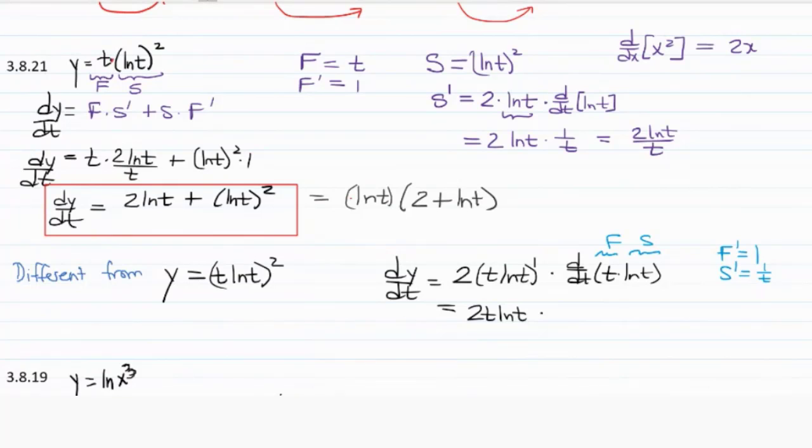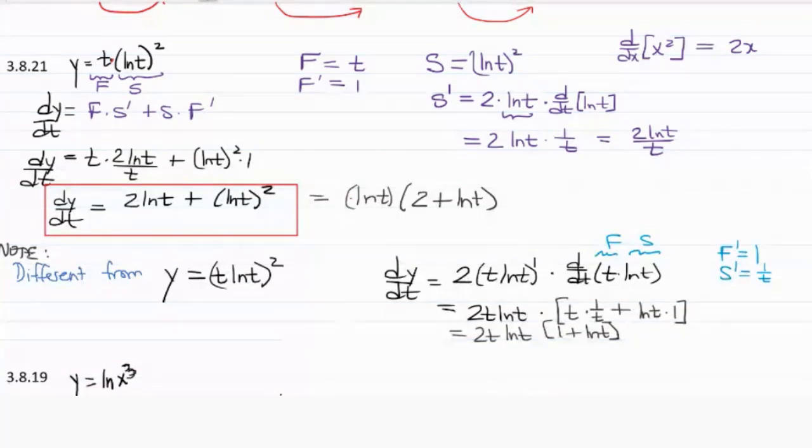So you would have the first function t times the derivative of the second, 1 over t, plus the second function natural log of t times the derivative of the first, which is just 1. So you would get 2t natural log of t times 1 plus natural log of t. All right, so two very different problems depending on where that power is located.